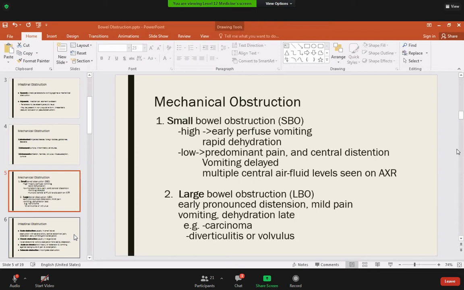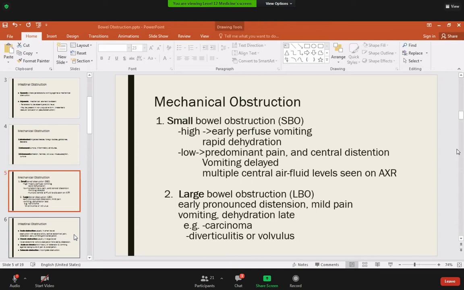And as the distal gut keeps on emptying its contents, the patient may not present with constipation like that in the large bowel obstruction. So we have a patient with profuse vomiting, with severe pain, and there is very mild distension of the abdomen, or distension is just in the upper part.